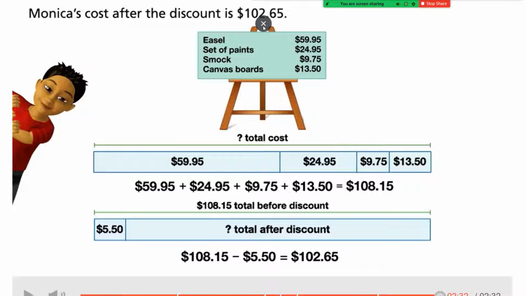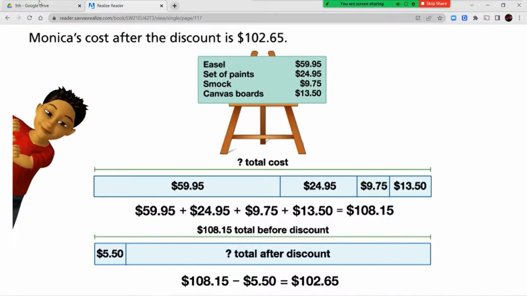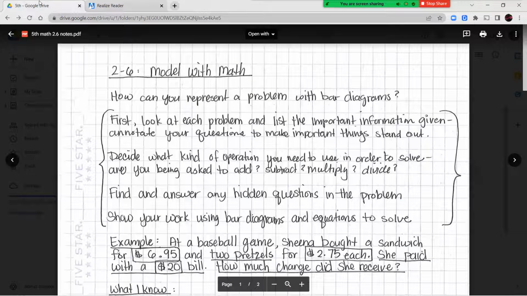All right, let's go ahead and take a look at our notes and our guided practice for this lesson. Now, again, our lesson number is 2-6, Model with Math, and we're going to focus on the question, how can you represent a problem with bar diagrams? So first, look at each problem and list the important information that's given to you. Annotate your questions to make all of the important parts of your question stand out.